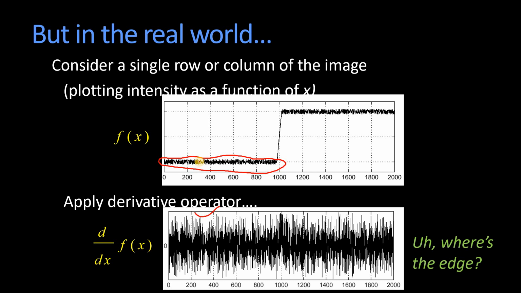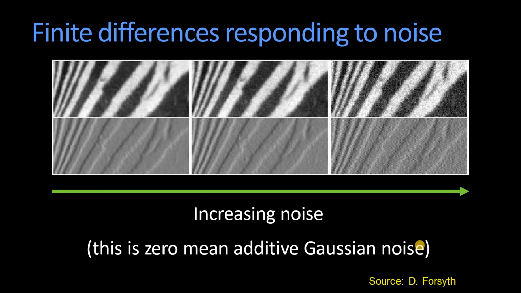So even a little fluctuation because of noise, the derivative will detect that change and show you that all of them are edges. There may be thousands of edges over here. That's what is happening. It's a disaster.